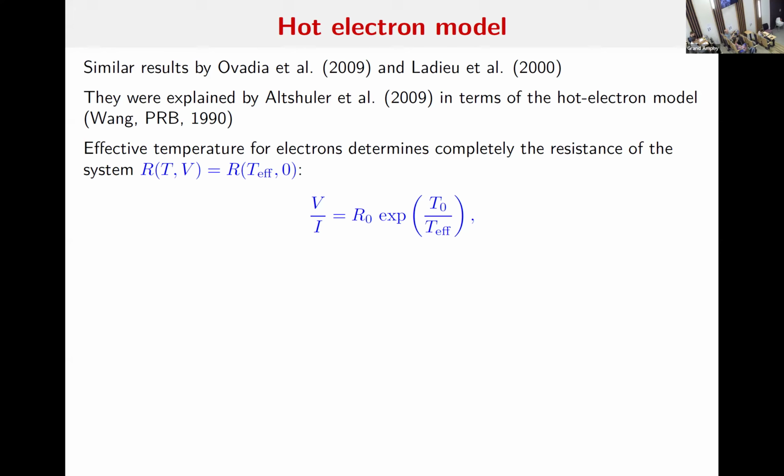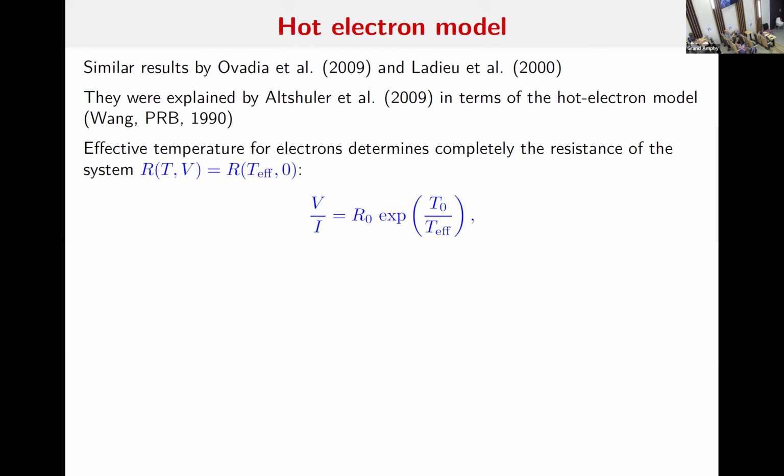It basically tells you that if you have a strong voltage and some temperature, then the resistance of the system is just the same as it would have in the linear regime, so at 0 voltage, but with an effective temperature. As we are in the activated behavior, you always have an effective temperature that you put in this formula, and this gives you the resistance.